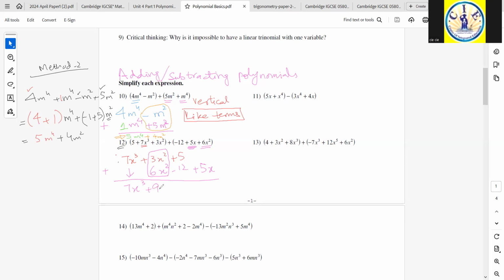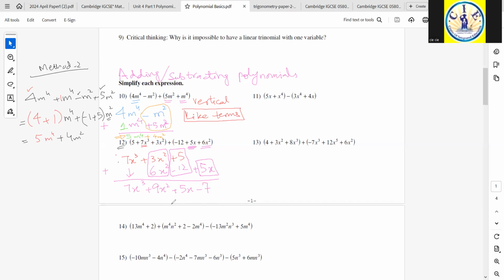So that will give me 9x squared. Then this is 5x. It is a single term. So I'm just copying it down. And for this, 5 minus 12, this is negative 7. So this is how we add them.